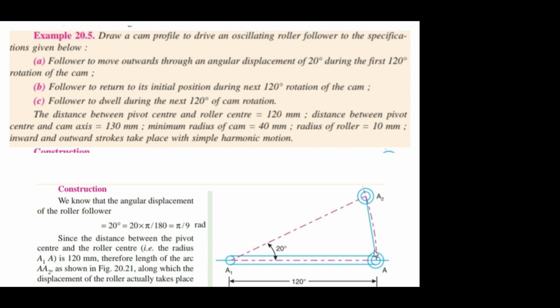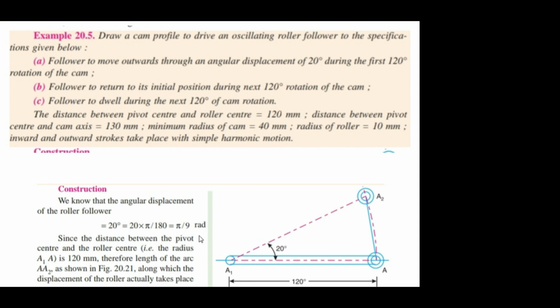At the one end the roller is attached, at the one end of the follower arm a roller is attached, and one end of the follower arm is connected to the frame or connected to the fulcrum. Okay, so this distance is 120 mm, it is R, this is theta and this is S. So S is equal to R into theta.